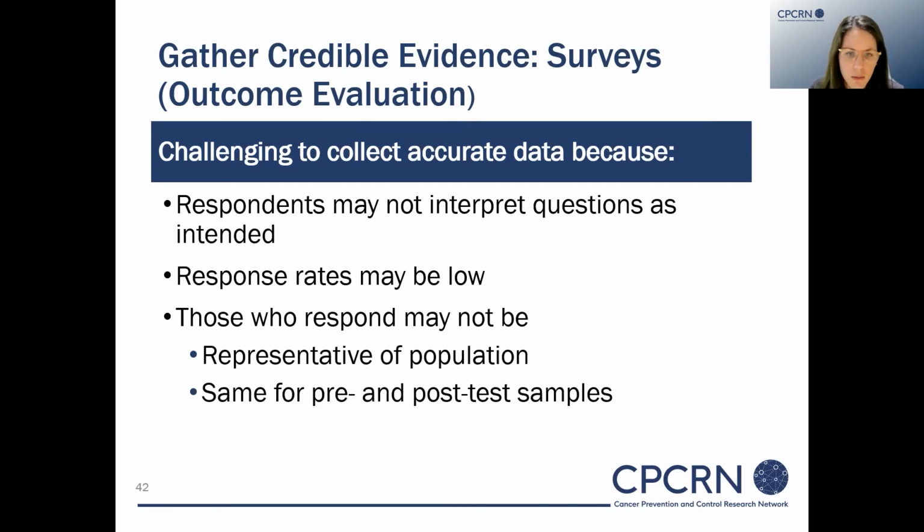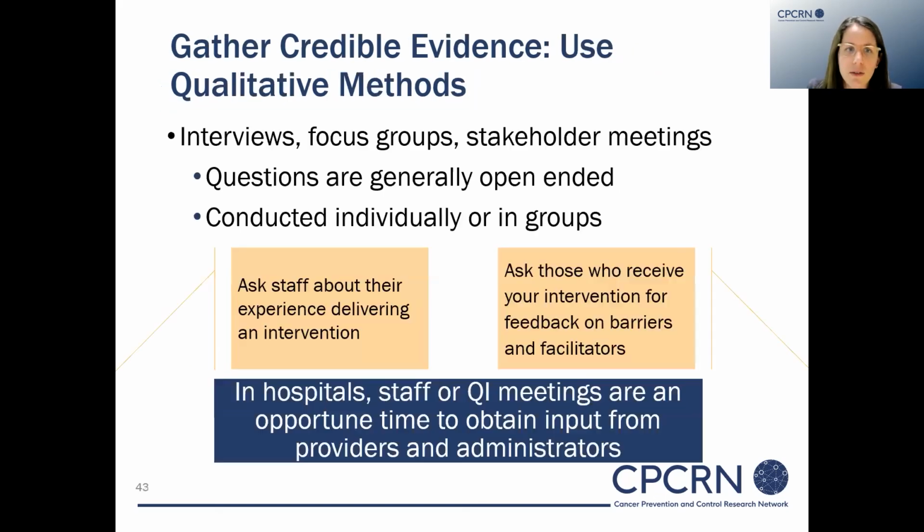Like getting ready in the morning might be different on a Saturday, it might be different on a Wednesday, getting ready for what? And so people might answer a question differently depending on how they interpret it, and they may not interpret it the way you thought they would. So just a bunch of things to think about when doing surveys. You might be better off just interviewing people or going to a meeting and talking with them. And so that's what I'm going to talk about next.